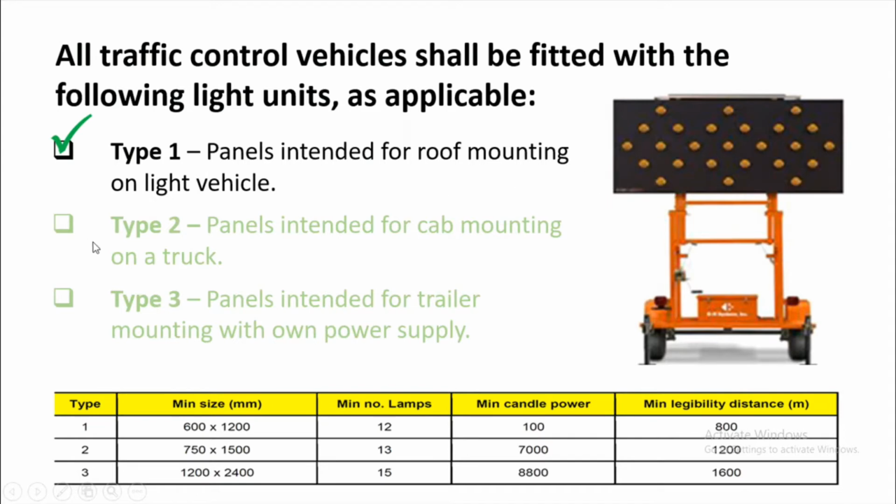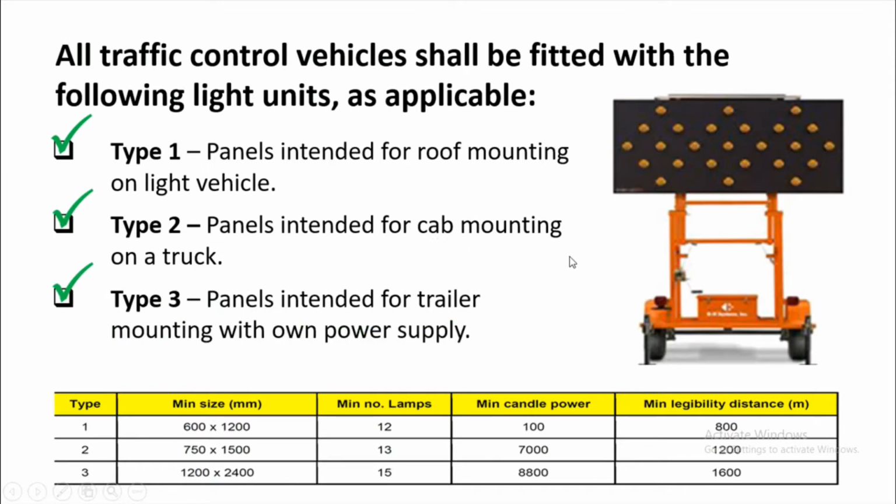Type 2: panels intended for cab mounting on a truck. Type 3: panels intended for trailer mounting with their own power supplies. Like this one here, there is a battery, and it is a trailer that you can leave anywhere in the designated area without engaging it to a truck.